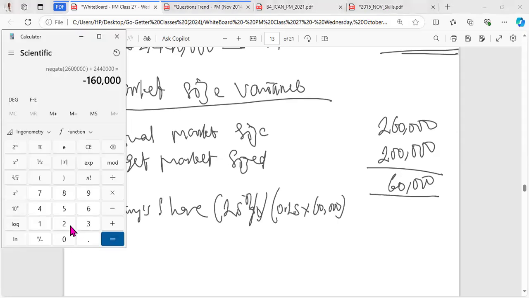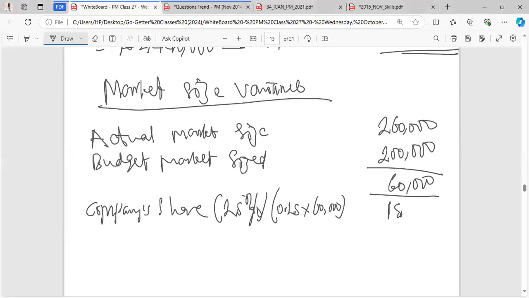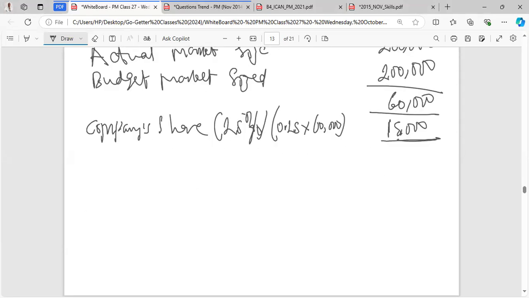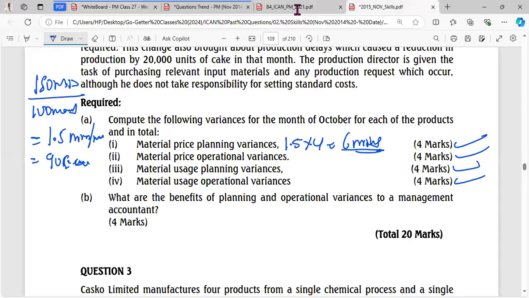That is going to give me 15, so this is 15,000 units. So how many did you actual? Actual company sales were 61,000 units.